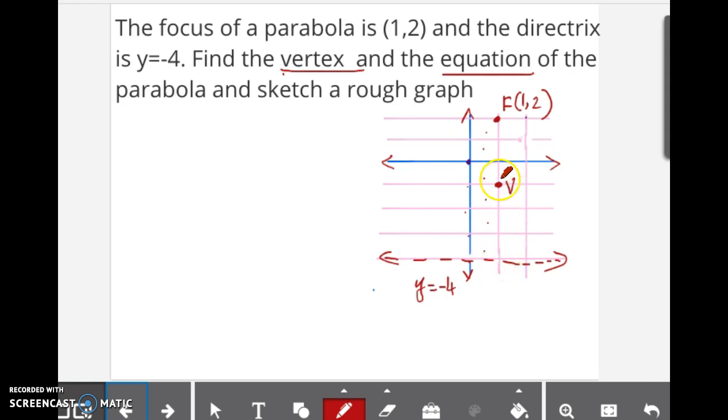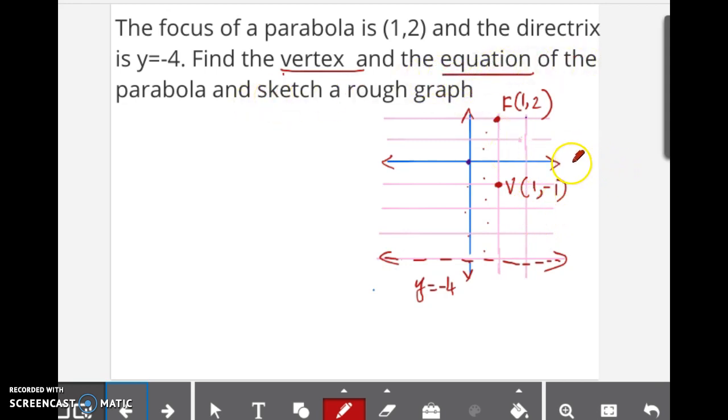So my vertex is right in the middle, which makes the coordinates of my vertex (1, -1). The focus and the vertex share the same h coordinate, 1, and my y is -1 here. So those are the coordinates of my vertex. Now what we need to find is the equation of the parabola.